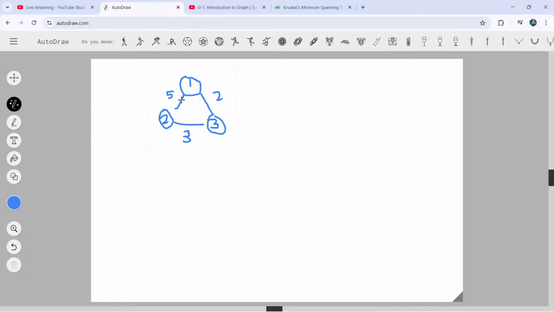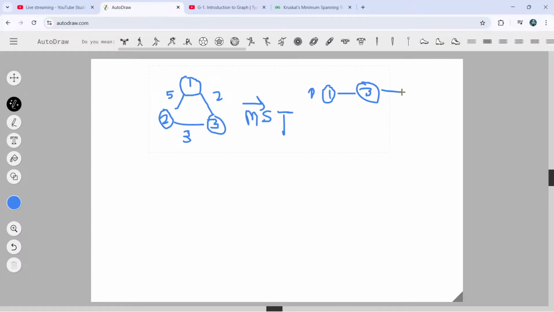So this is a graph, right? And its minimum spanning tree will be, we can connect 1 to 2, or we can connect 1 to 3, and 3 can be connected to 2, right?